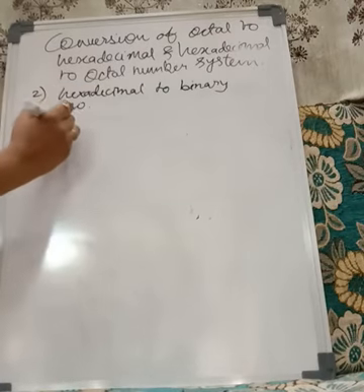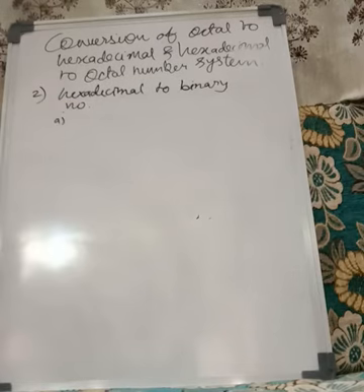Okay, let's see the steps required for conversion of hexadecimal to octal number. So here first what we'll do, we'll convert each digit to its 4-bit binary equivalent.